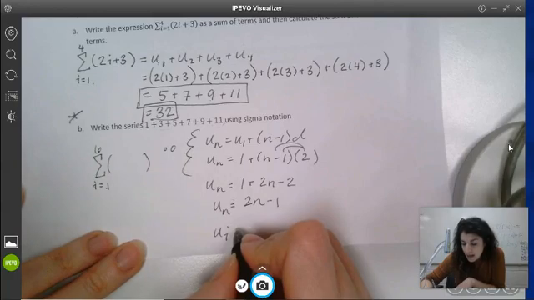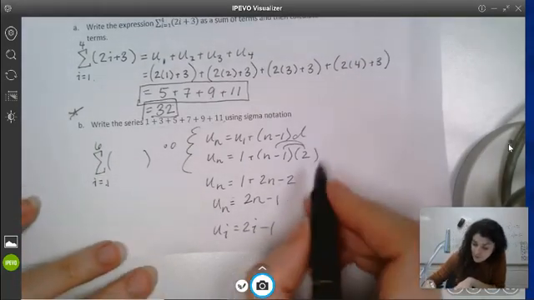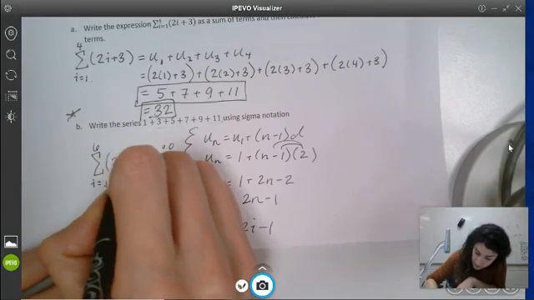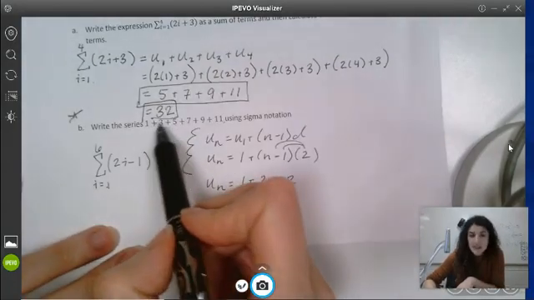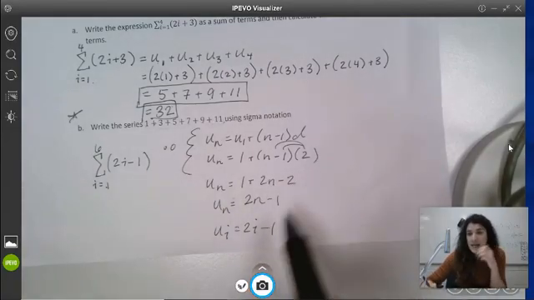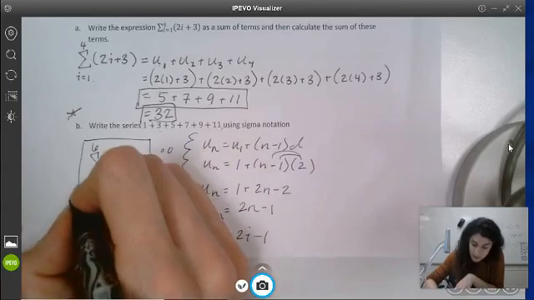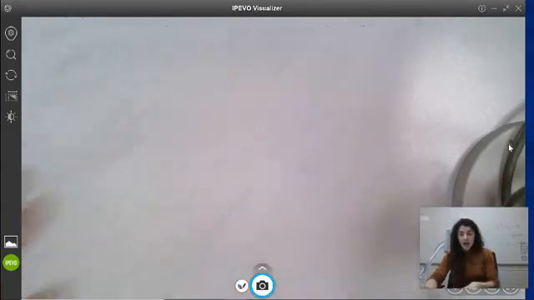But we just rewrite it as u sub i equals 2 times i minus 1. That's it. And that's the formula that goes in here. And it just describes the sequence that is the numbers that are all being added together. Okay, we've now converted it into sigma notation.